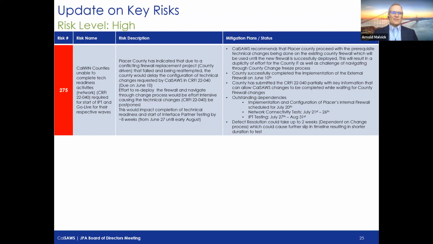Good news is that as of this evening, they'll complete their changes. In the meantime, we have been able to do the interface partner testing and testing of flow between CalSAWS and Placer County. So from a wave 1 perspective, we are trending towards green and will be green as of tonight when Placer makes their final changes.